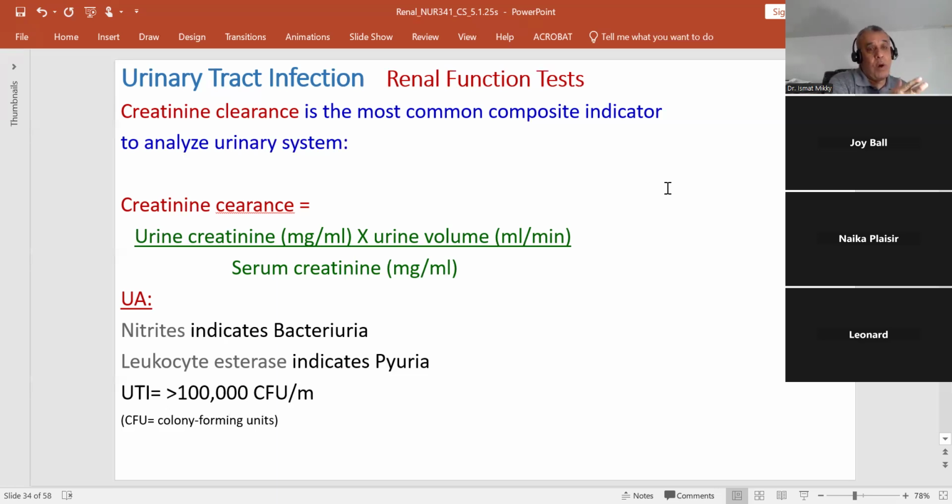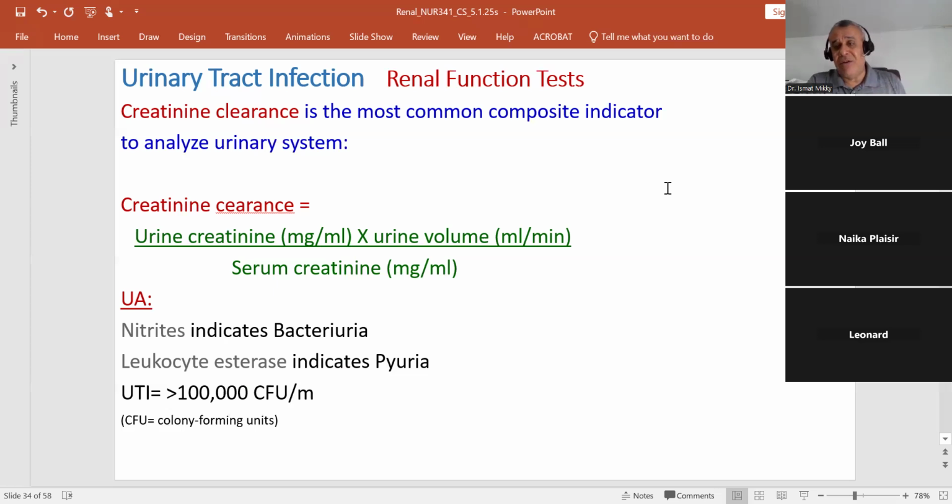Sometimes one or more microorganisms will be isolated, but most of the time it's E. coli. Most UTIs are caused by E. coli bacteria. And the number is very important. Sometimes you get a preliminary result, and then on the second, third, or fourth day, you get the final result of the CNS.